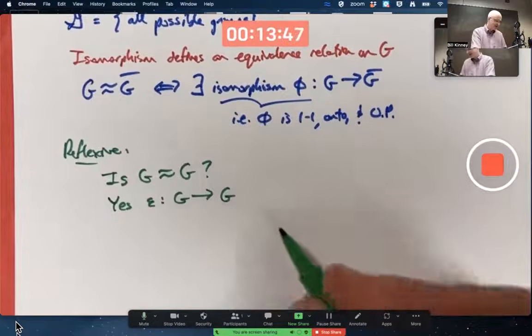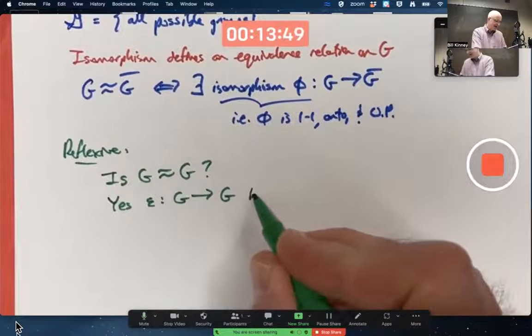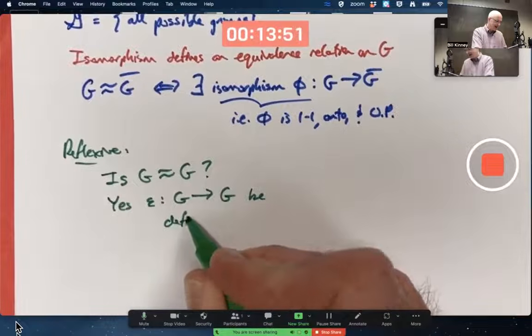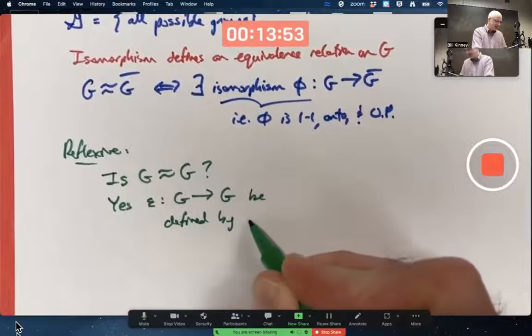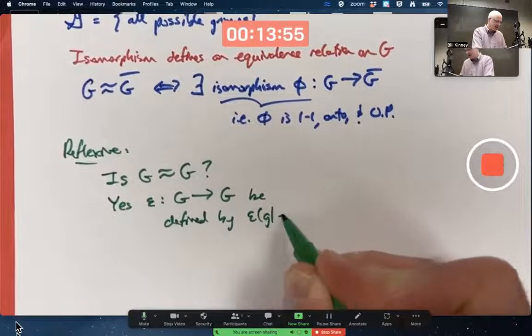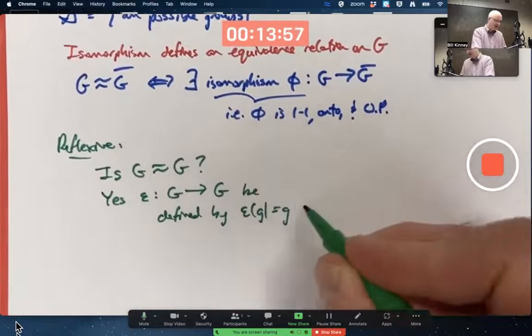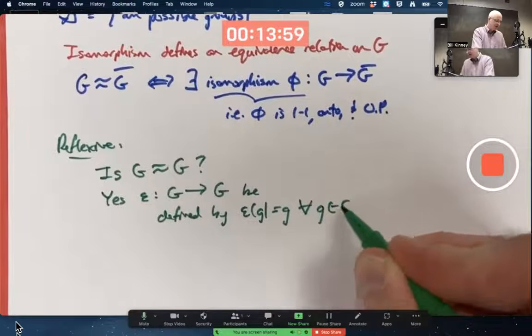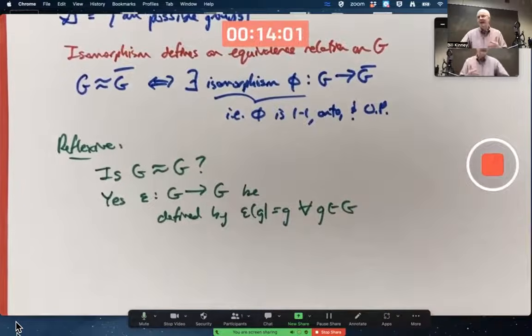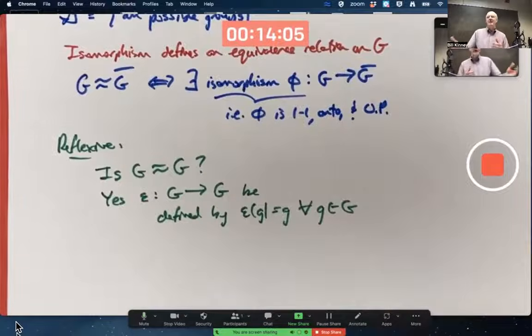Let epsilon from G to G be defined by epsilon of little g equals little g for all little g in capital G. I could have written epsilon of x equals x for all x in capital G. It's mapping everything of G to itself.